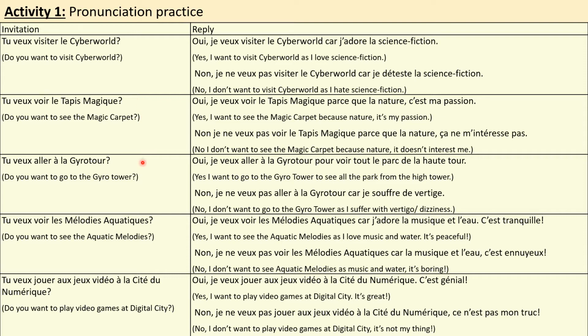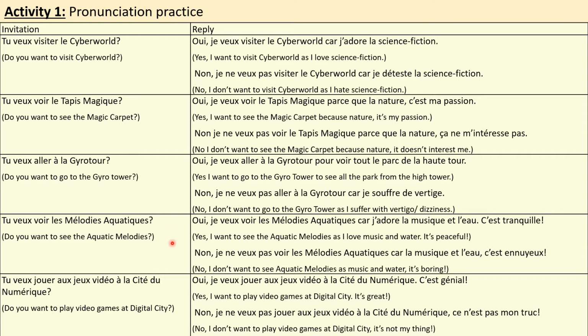The Gyro Tower is a high tower, okay, that gyrates, which goes round, which gives you full vision of the whole of the park. So you see it from the very top. Mélodies aquatiques is melodies, which is songs, aquatic melodies.